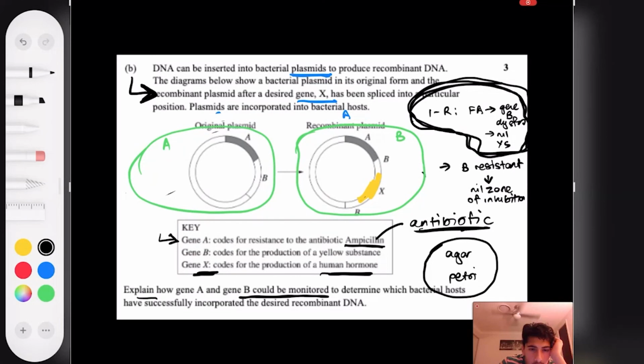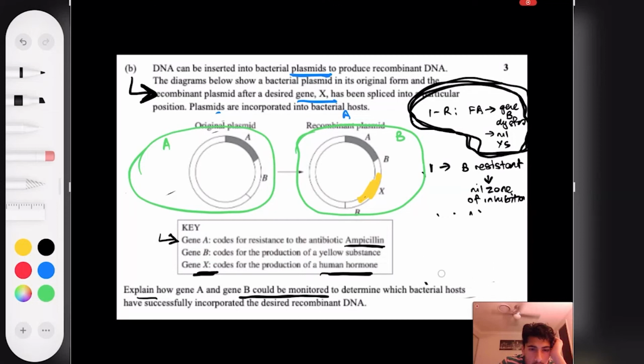So to get the remainder of the marks, your last mark would be, see how it's just so systematic. Your last mark would be 1 mark: the student identifies that they would have to culture. This is for gene B. You want to culture it, you want to incubate it, and you want to observe for yellow color.